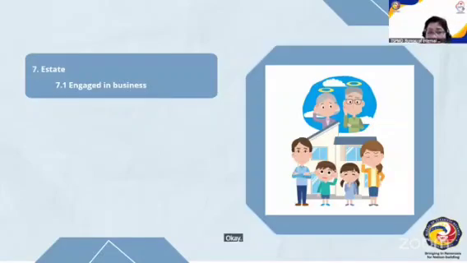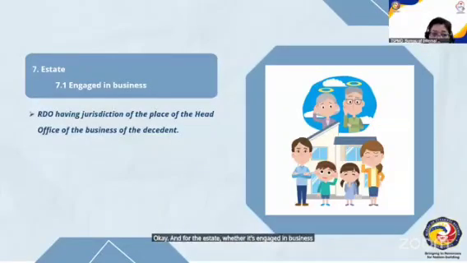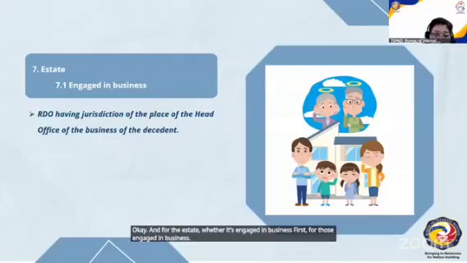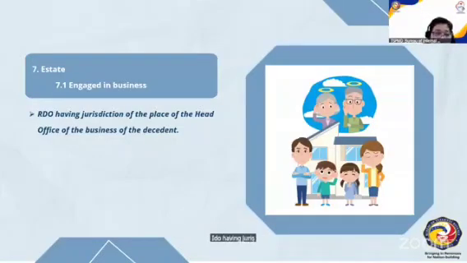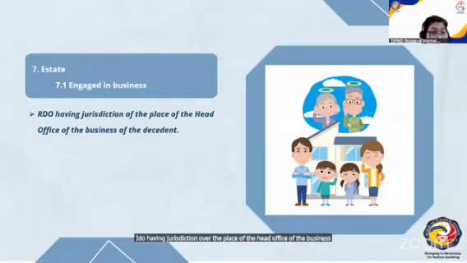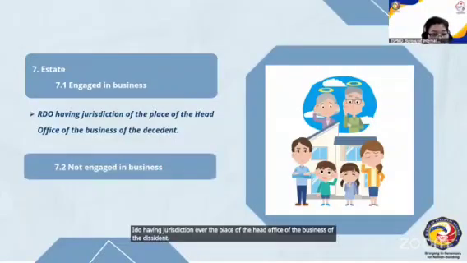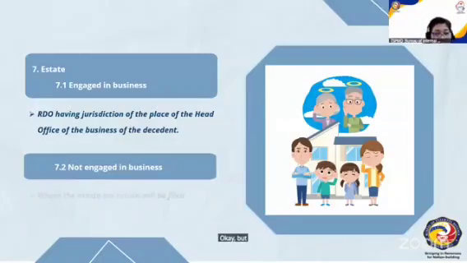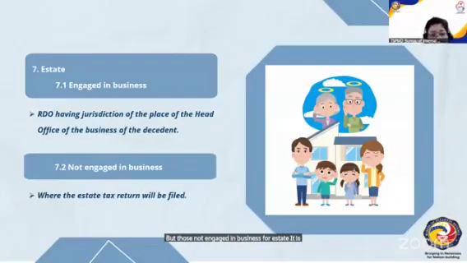And for the estate, whether it's engaged in business, first, for those engaged in business, RDO having jurisdiction over the place of the head office of the business of the decedent. Okay? But those not engaged in business for estate, it is where the estate tax return will be filed. Okay?